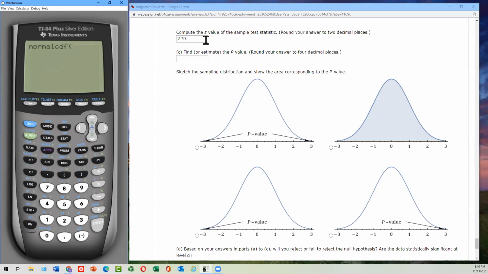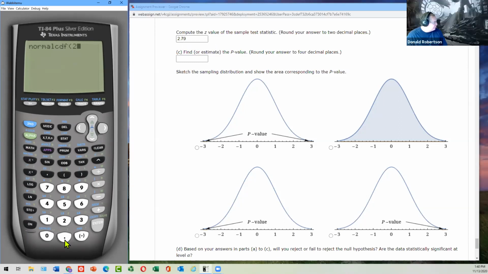And since this is positive yet again, bigger than that number, 0 and 1. Enter. So we are looking at a p-value of 0.0026 to 4 decimal places.